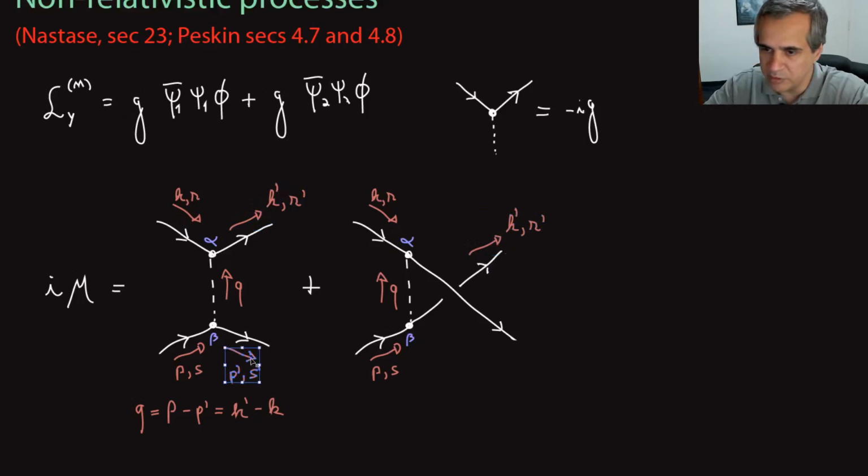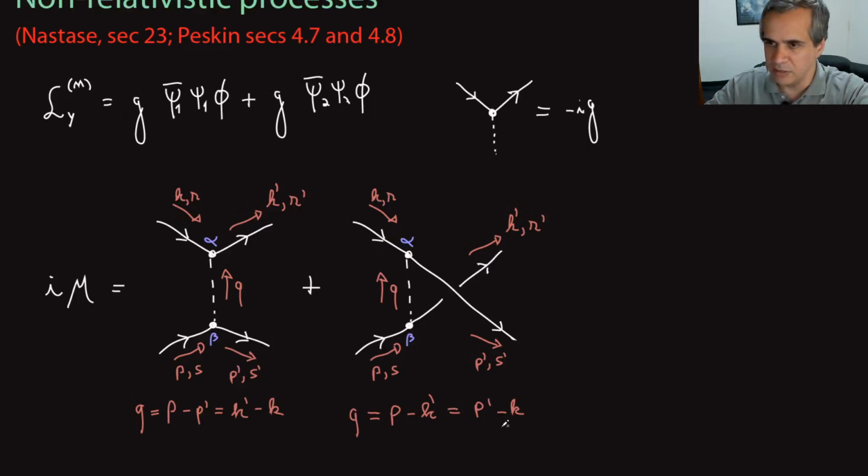The bottom one still has p prime and s prime as momentum and spin. But now see, the fermion that has momentum k prime is coming from the bottom vertex, this vertex, and not that one. And that changes momentum conservation, right? So Q now is p minus k prime, or p prime minus k.